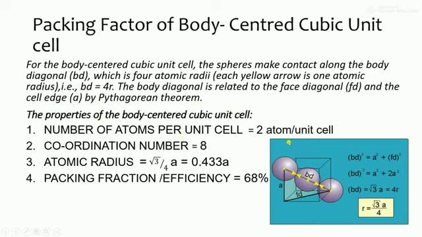The properties of the body-centered cubic unit cells are: number of atoms per unit cell is 2 atoms per unit cell. Coordination number is 8. Atomic radius is root 3 by 4 times a, which equals 0.433a. And the packing fraction is 68%, as shown in the figure.